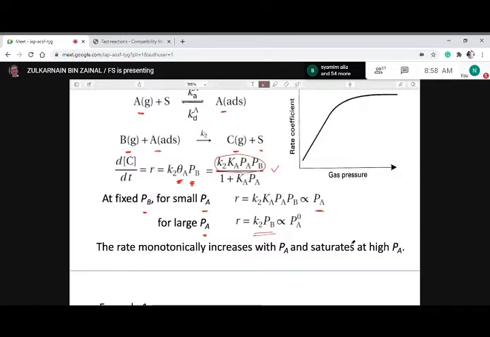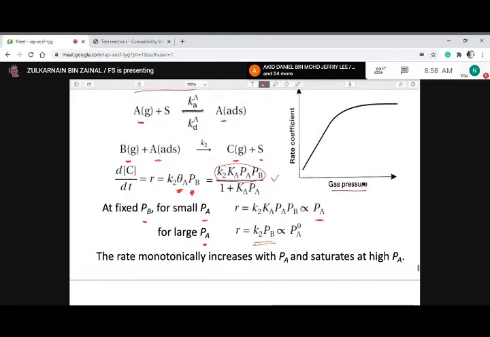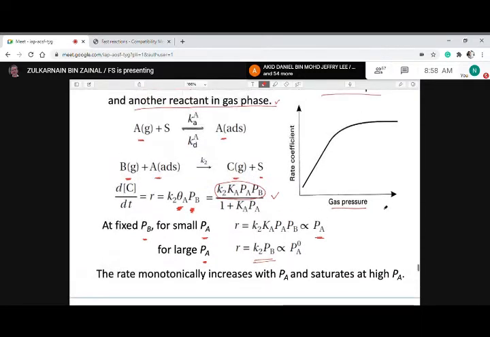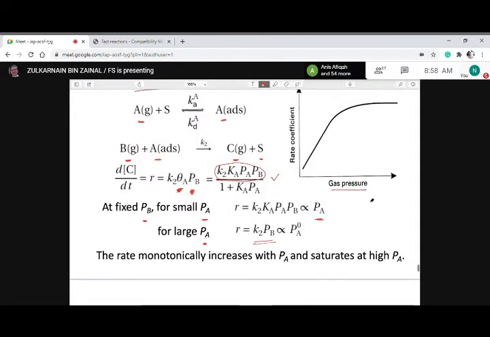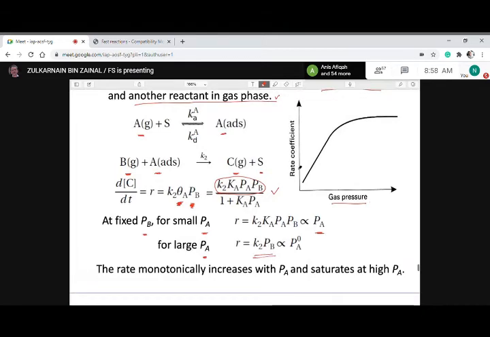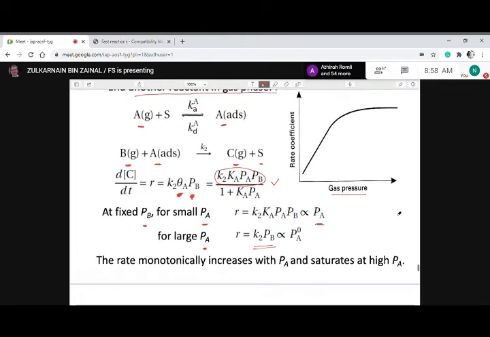So if you plot the rate of reaction versus gas pressure, you'll find that it follows a similar situation as the other mechanism, where the rate coefficient increases with pressure.